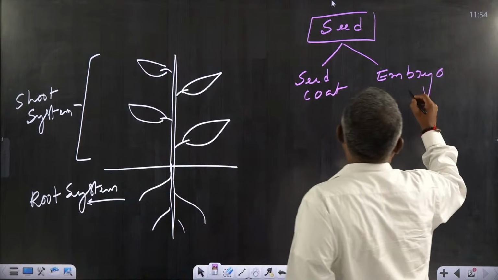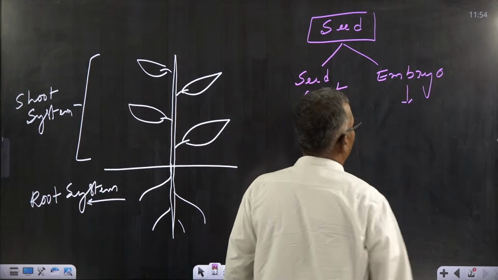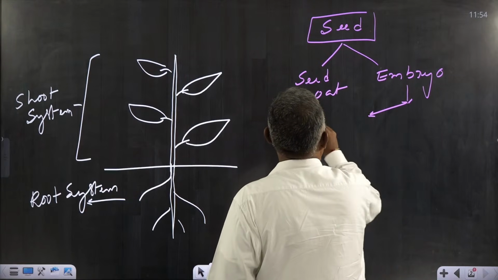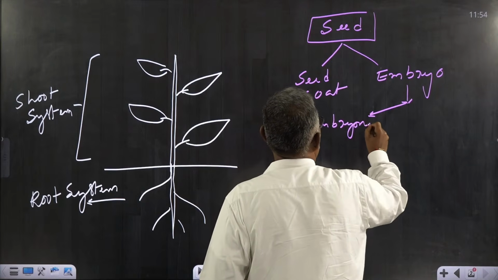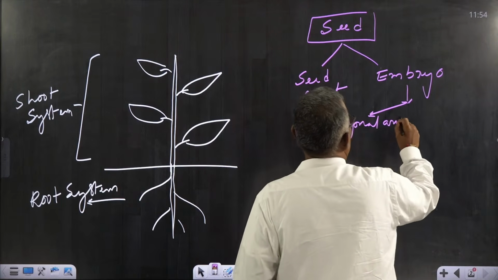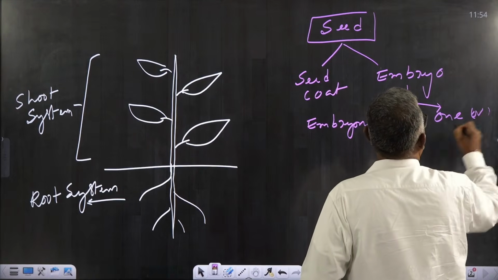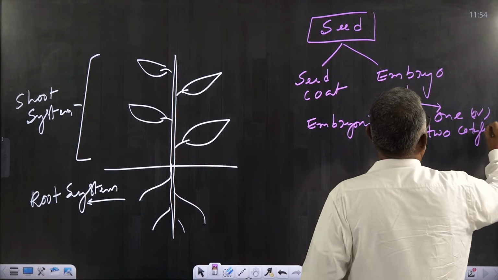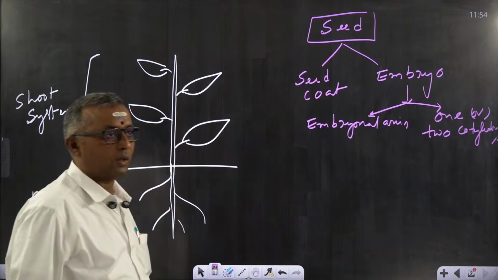Now this embryo contains an embryonal axis and one or two cotyledons.